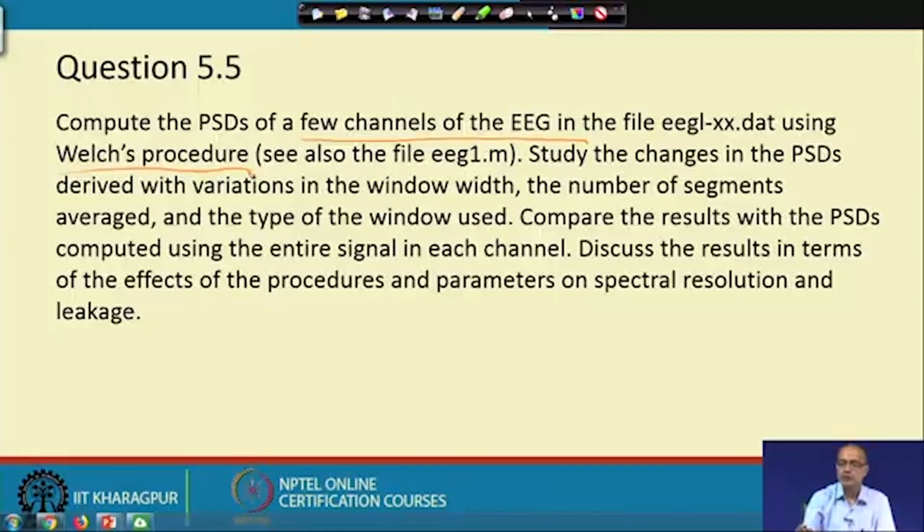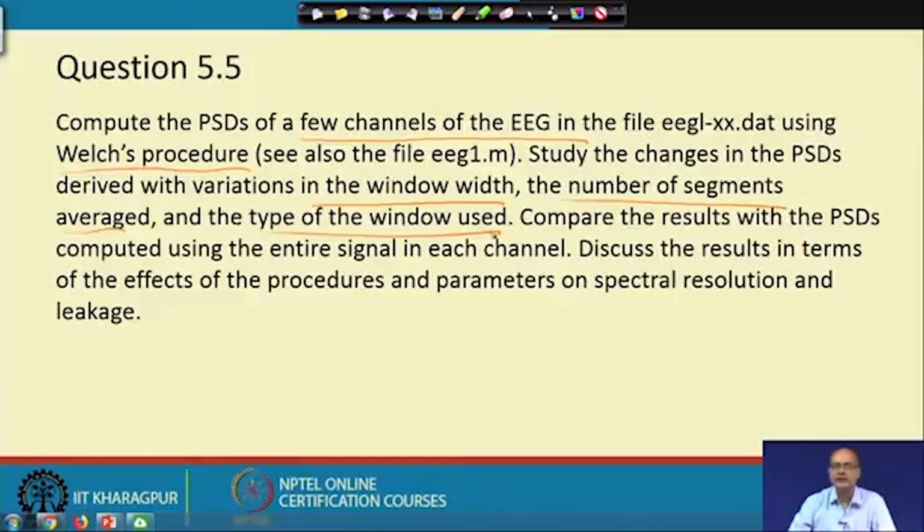Okay. So, we have to study the change in the PSD when we change the window width, the number of segments averaged and the type of window used. These three variables, and we have to compare the PSDs computed with respect to the PSD computed with the entire signal.